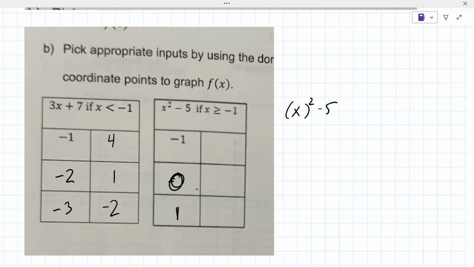All right, I got -4, -5, and another -4. Okay, very good. Any questions on how to do that?